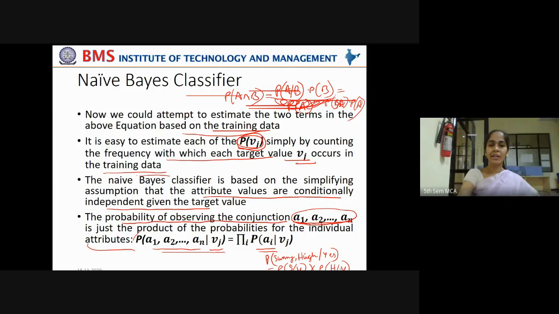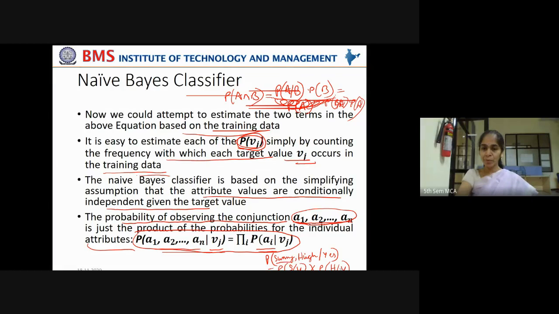This is generally represented with this formula. The probability of different attribute values given the outcome label is nothing but the product of the probabilities of each of those attribute values given the outcome variable.